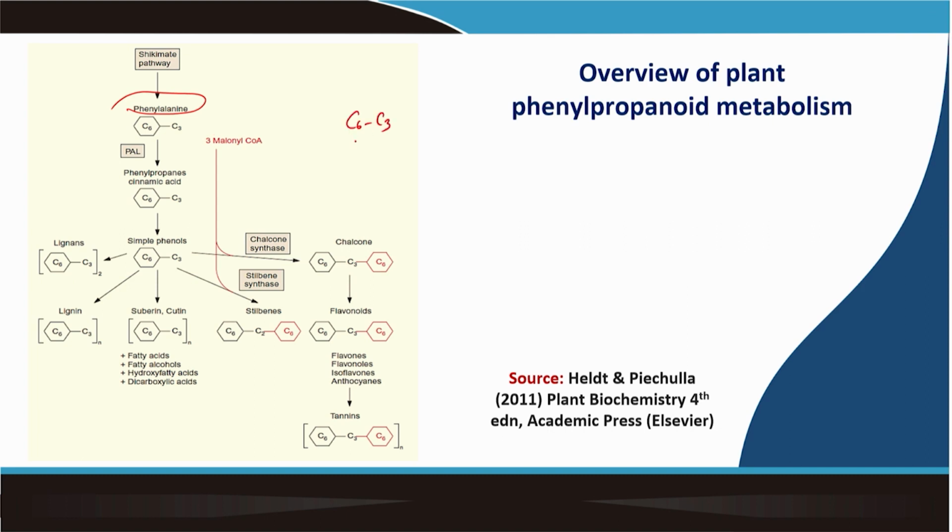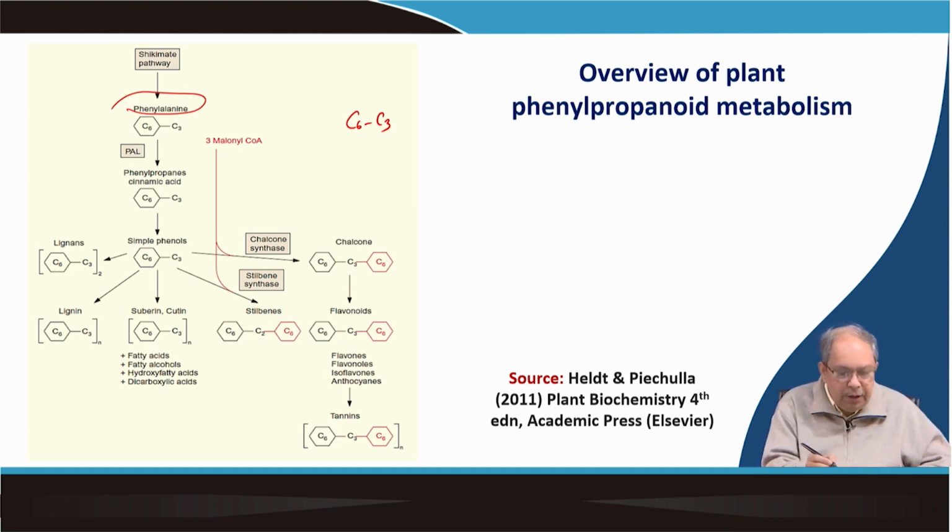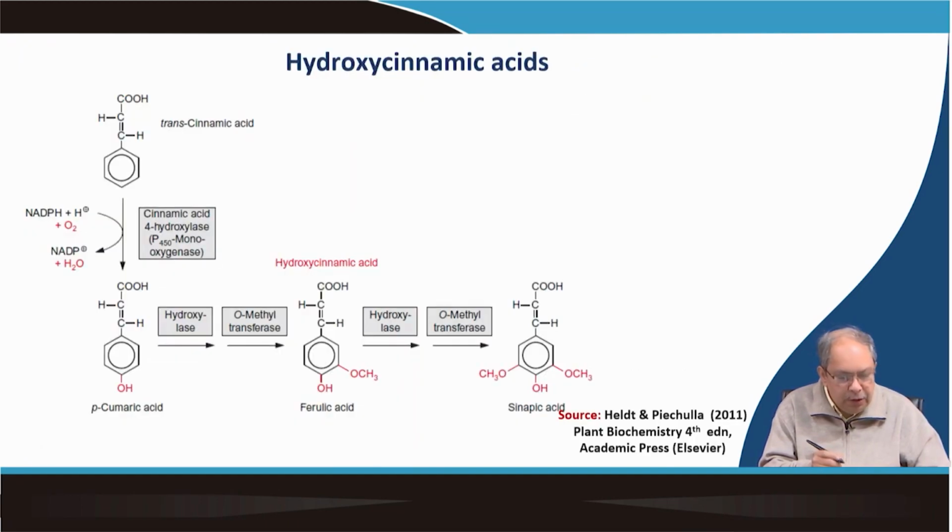Trans-cinnamic acid is again converted into paracoumaric acid by an enzyme called cinnamate 4 hydroxylase. It adds an OH at the 4th position and forms 4-hydroxycinnamic acid or paracoumaric acid. After that, paracoumaric acid gets activated by addition of CoA, by a CoA ligase, and then finally it forms the different monolignols.